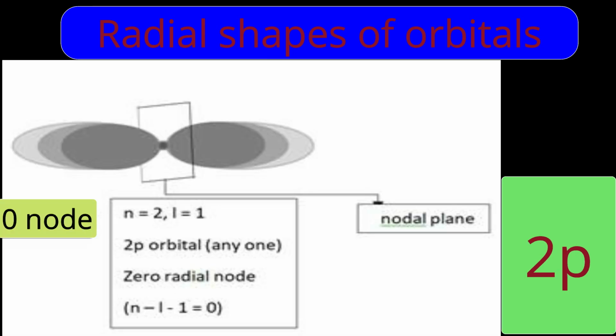See here. In this orbital n is equal to 2 and l is equal to 1. Which orbital, or actually which subshell, is it? It is the 2p subshell. One of the orbitals out of that 2p subshell is represented. Here we are getting knowledge about the subshell. The same story will repeat for the other orbitals present in that subshell. If you see this subshell, that's a 2p.